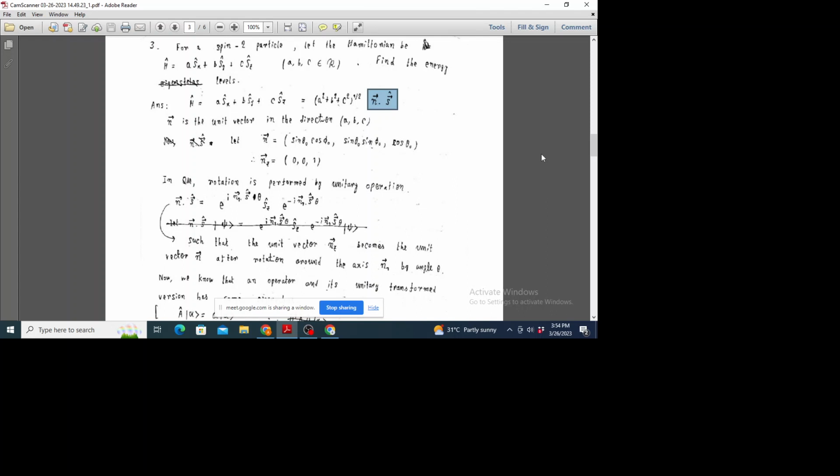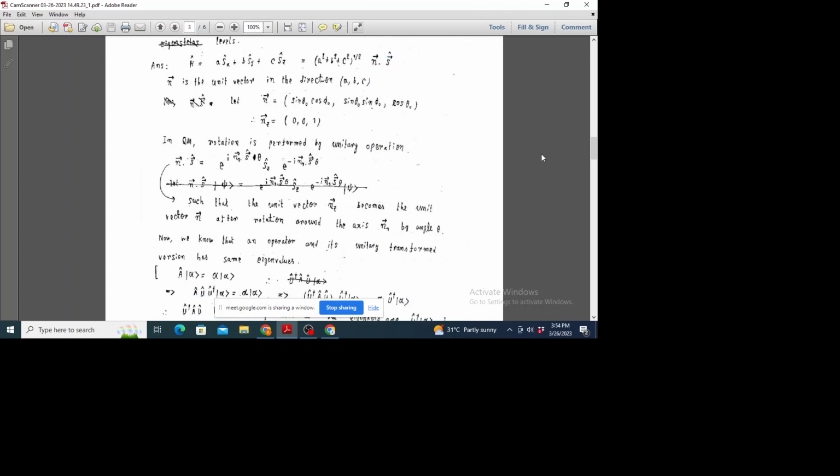Now, as we have just said, this n vector dot S cap operator and SZ operator are actually connected by what? They are actually connected by rotation.